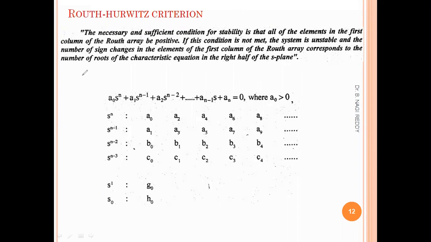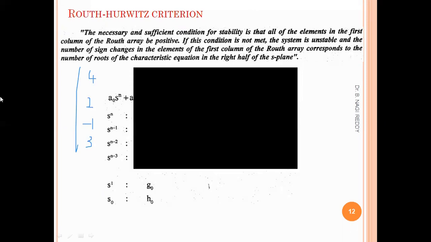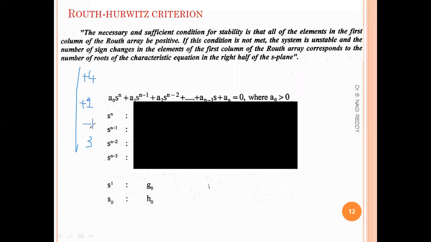Let us take a simple example. I'm writing the first column of the Routh array, for example, 4, 2, -1, and 3. This is the first column of the Routh array. Now you can see 4 has a positive sign, 2 has a positive sign, -1 has a negative sign, and 3 has a positive sign.